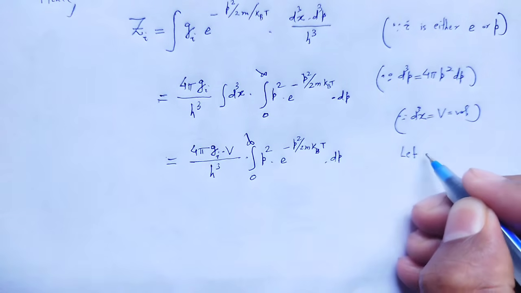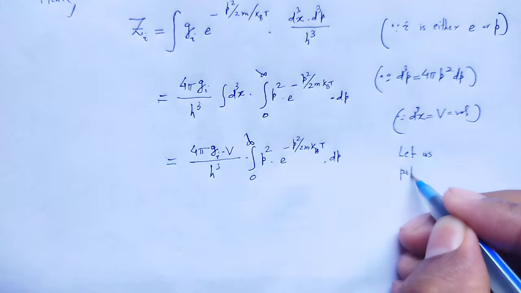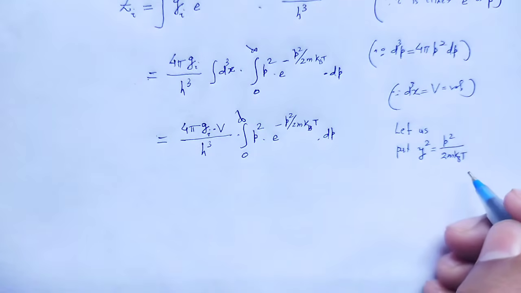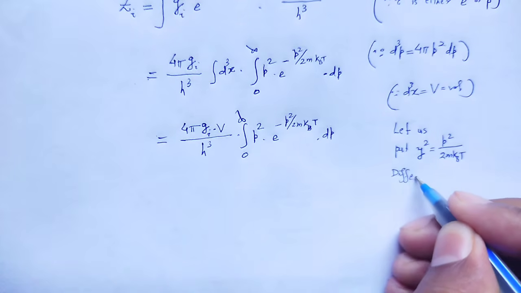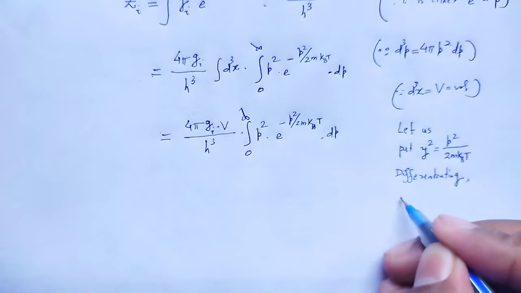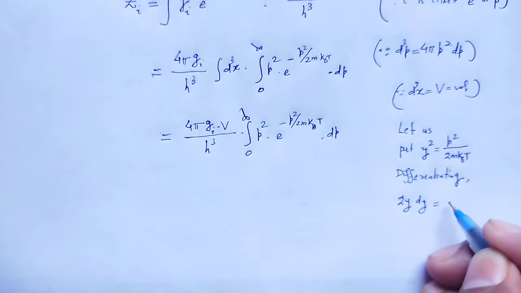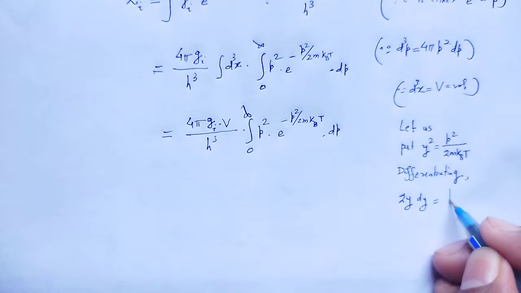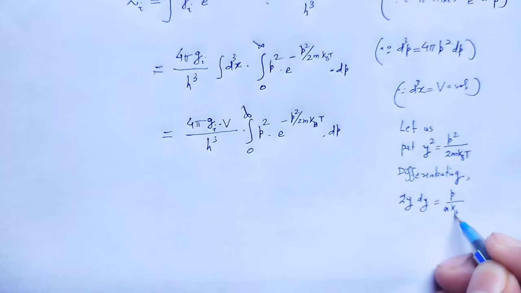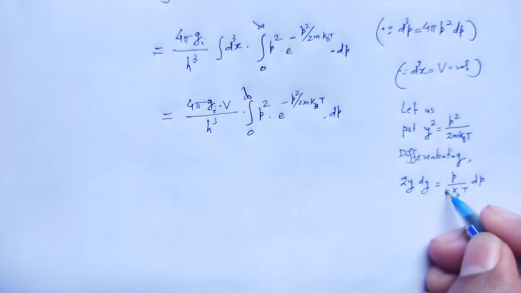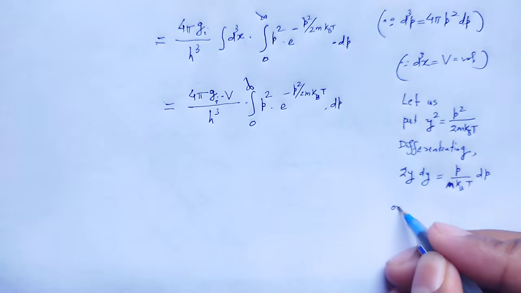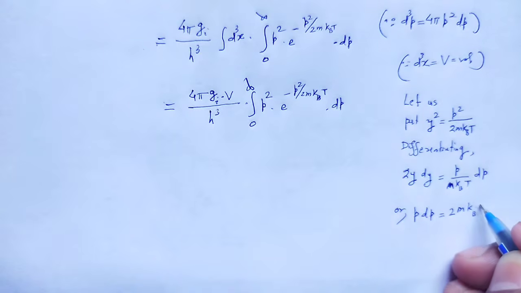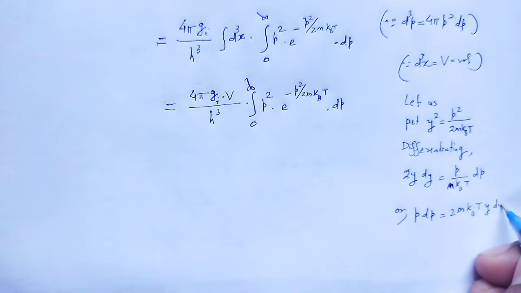Let us substitute, let us put y square is equal to p square divided by 2m kBT, and differentiating we obtain 2y dy is equal to, here 2p dp, 2 to cancel out, means p divided by m kBT dp, or p dp is equal to 2m kBT y dy.